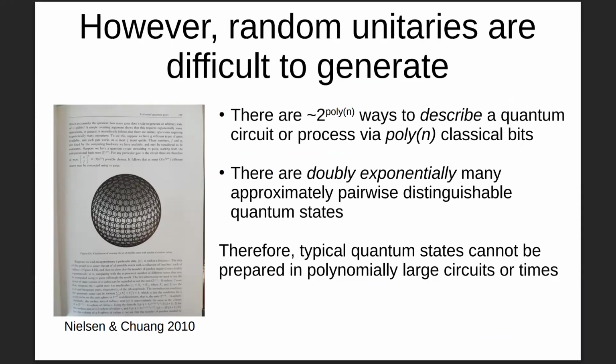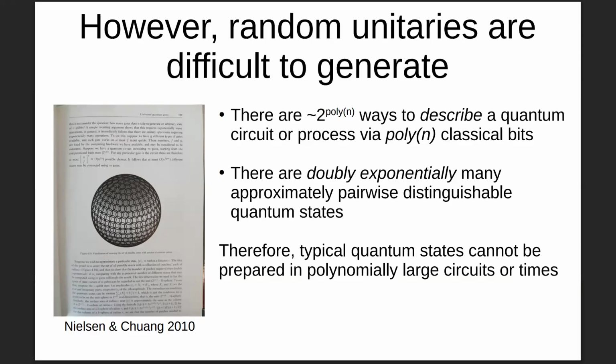And that comes from a pretty old counting argument that you can actually find in some of the original textbooks on the field that says that there are about 2 to the order of n, maybe polynomial of n, ways to describe a quantum circuit, or really to index or refer to a quantum state or process using n bits of information.